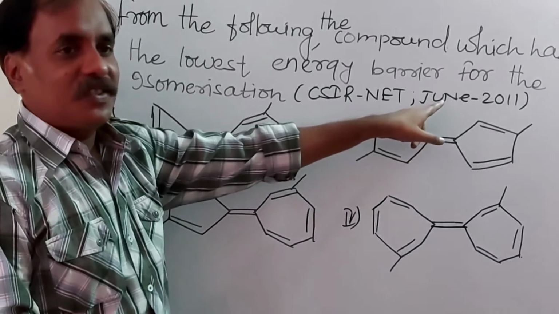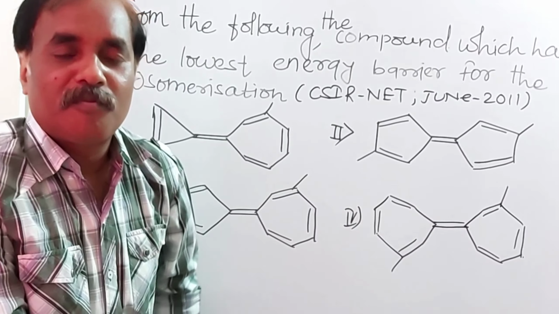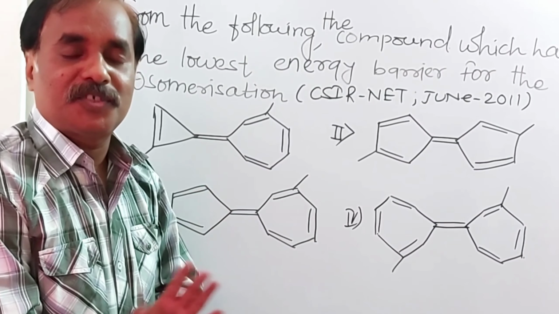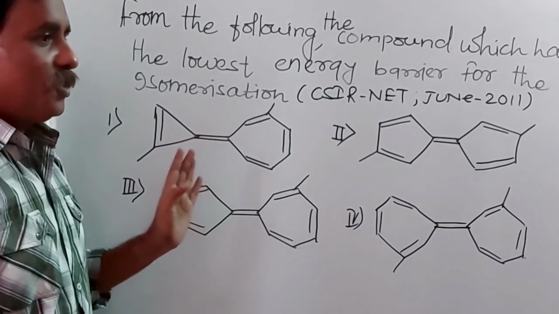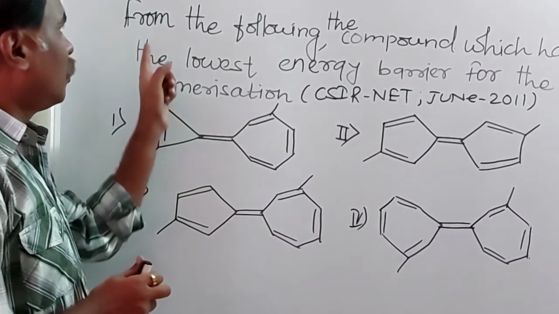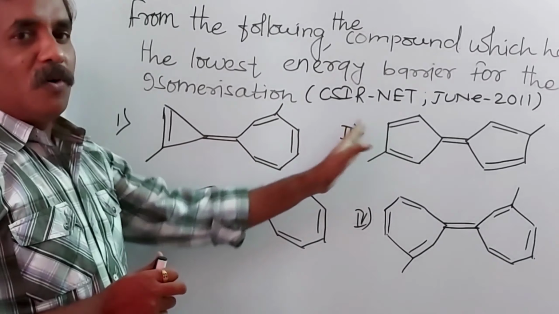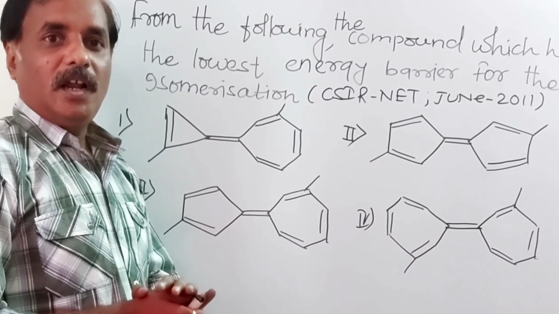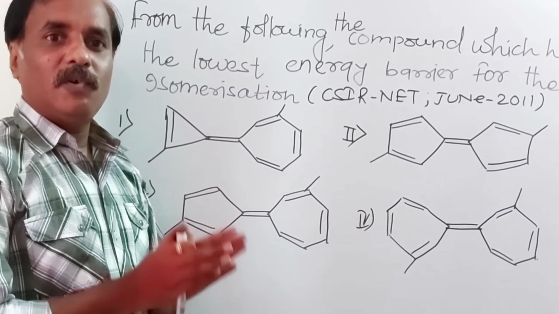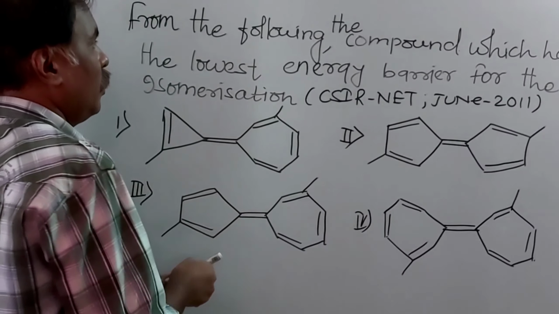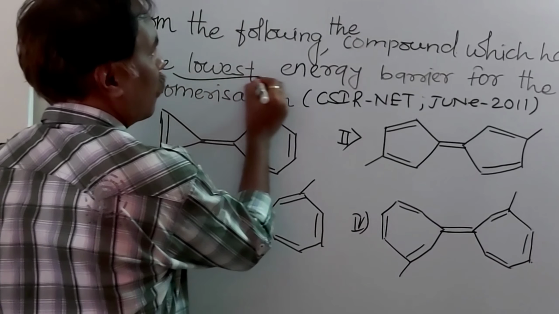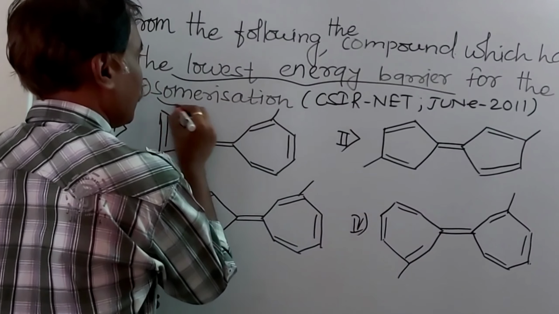I do not remember the exact year of that exam, but definitely this has been asked. The question is very simple. Four compounds are given, and from these we have to identify the lowest energy barrier for the isomerization.